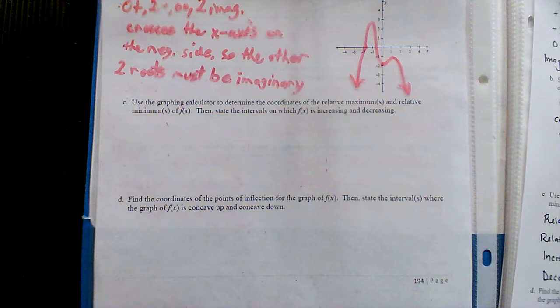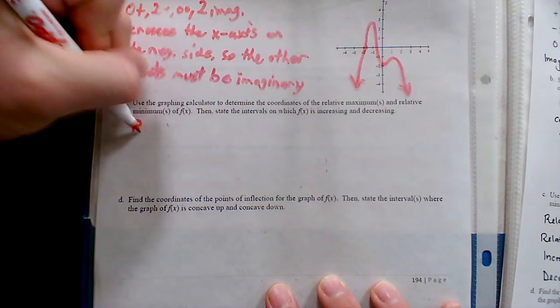Alright, so we're really going to be using these graphing calculators now. So you really need to have one in front of you or be looking at one with a partner. On part C, do we know how to, using the calculator, find the relative mins and maxes? Have you used the calculators for that? Alright, so let's go ahead and find the relative mins and maxes then.